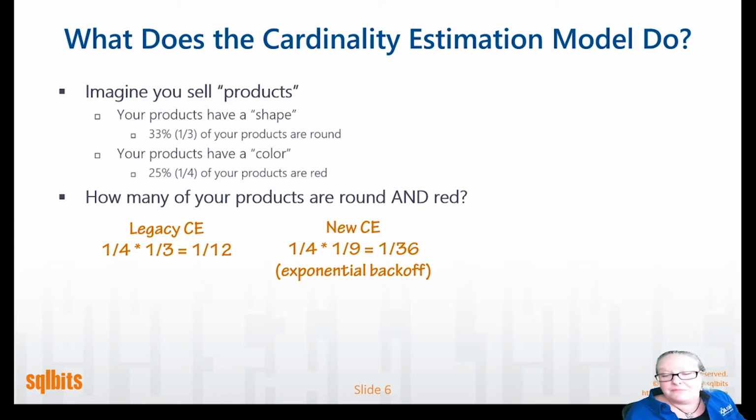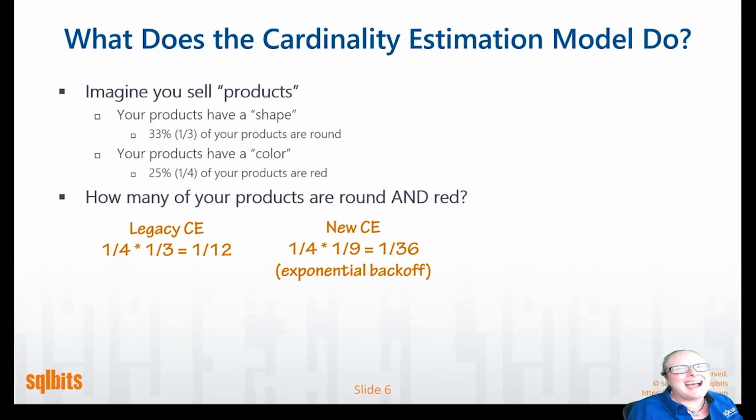And that may be very true. But depending on your environment, you might actually find that for certain data, for certain columns, for certain environments, the legacy CE may provide better estimations for you. The coolest thing, this is my favorite, is that as of 2014, yes, you pick one that is essentially the default, but you can change the CE on a query by query basis if you need to.